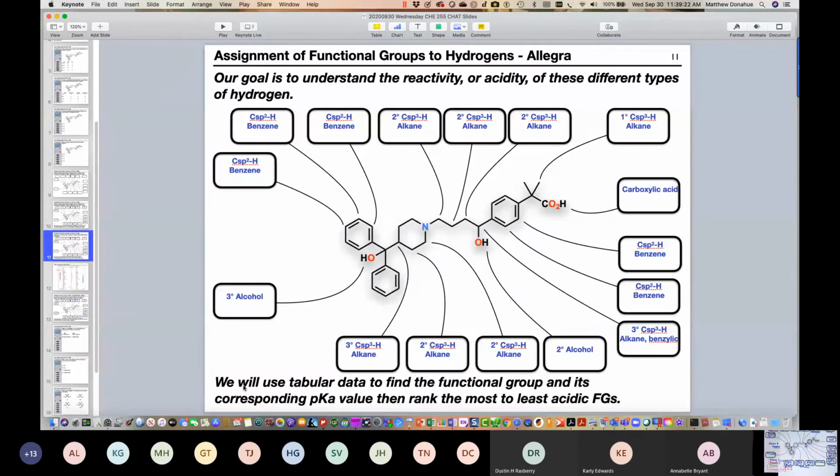So now we're going to use the tabular data, again, that's the other PDF, to associate the functional groups we just identified to a number that is called pKa, and then rank those functional groups from most acidic to least acidic.